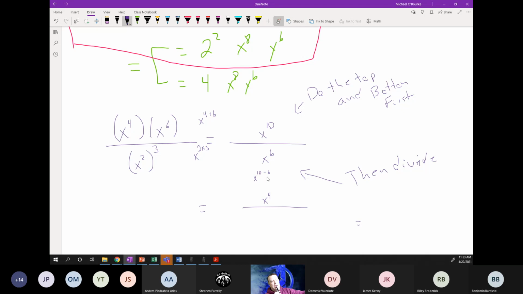Does that make sense how I did that? But generally, do your top, do your bottom, and then put them together. Okay?